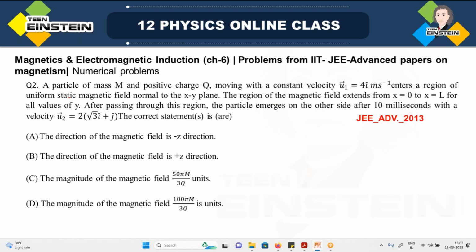This is a very interesting problem. This question is also from JEE Advanced 2013.